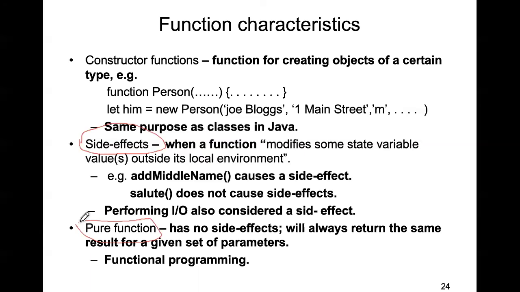It's not easy to achieve, but it's just something that you need to be aware of. I'm mainly giving you some terminology here, rather than looking at your code to see how many pure functions you have written. That's not the idea of this module at all. But I'm just making you aware of these terms, and they're not just related to JavaScript. They are related to programming in general.